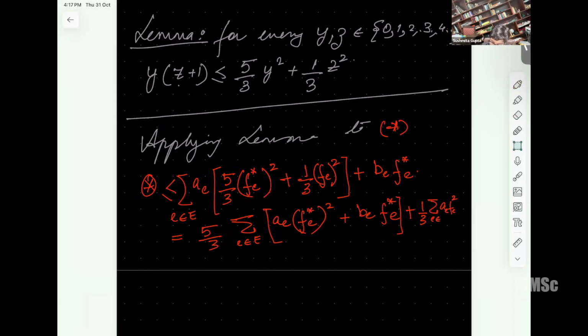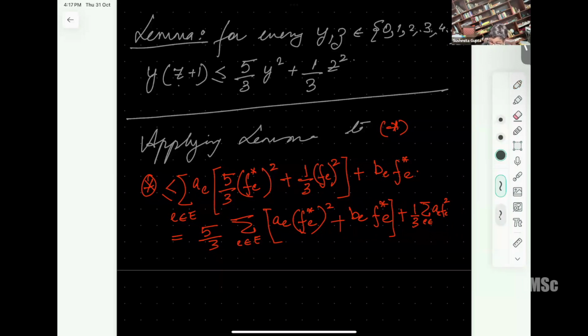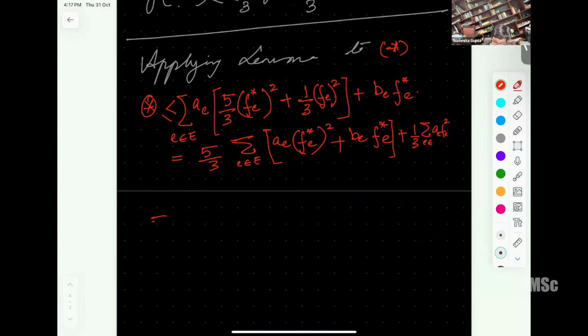Let's try to move something. Okay. So now, I have a doubt here. The BE FE star's coefficient is 1 in the first term, and now it is multiplied by 5 by 3. Should we subtract?